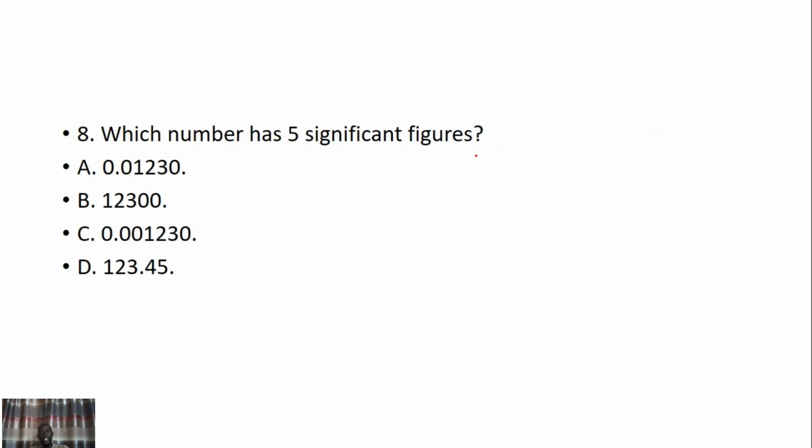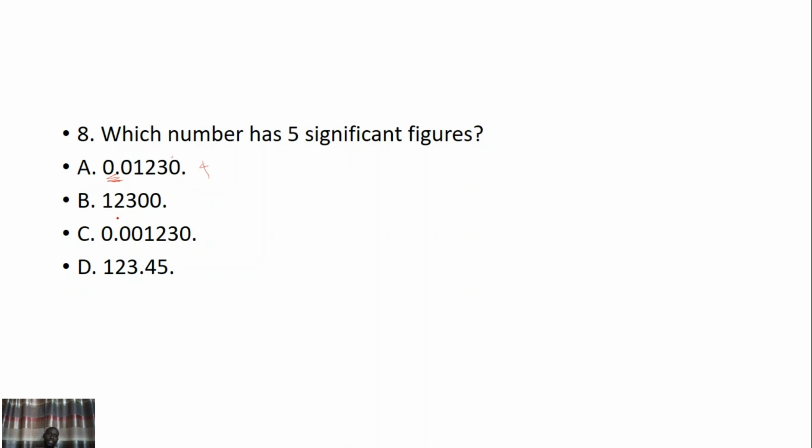Which number has five significant figures? Let's look at it. Option A. These zeros are non-significant. This one is significant because it's not zero. This one is significant because it's not zero. This one is significant because it's not zero. This one is significant because it is a zero that trails in a decimal number. So this is 4.